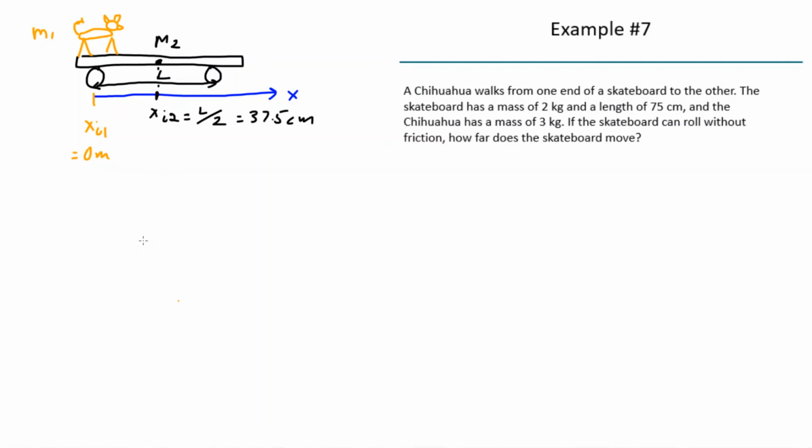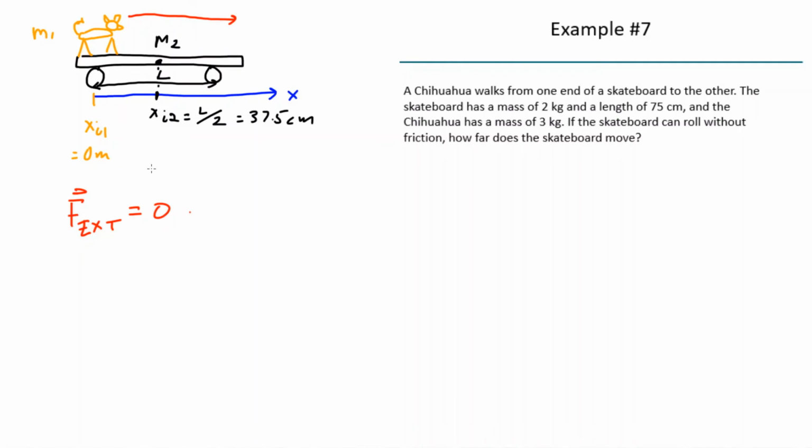Okay, so as this chihuahua walks across the skateboard from one side to the other, the chihuahua starts out over here and walks to the right. Well, the chihuahua is going to exert a force on the skateboard. The skateboard is going to exert a force back on the chihuahua. But if there's no friction between the skateboard and the ground, the external forces acting on the system are 0.